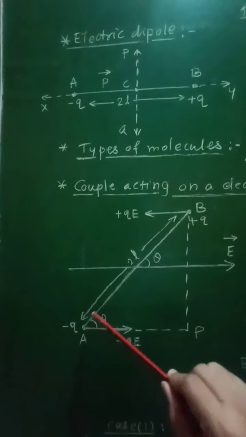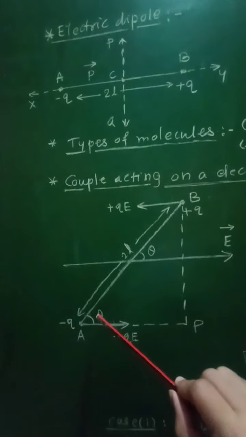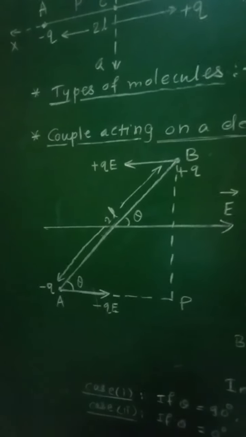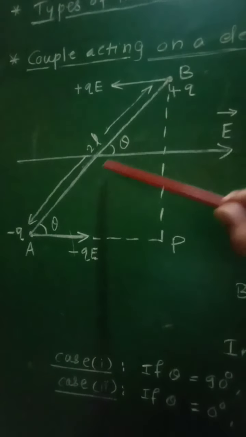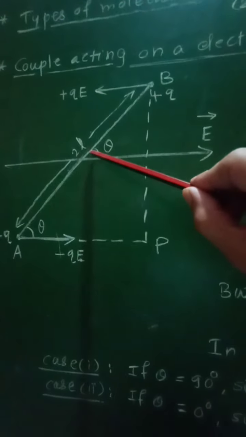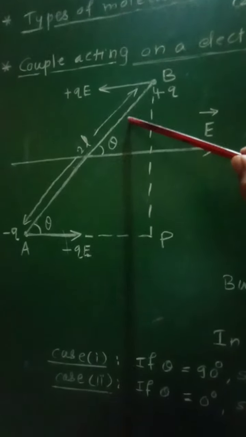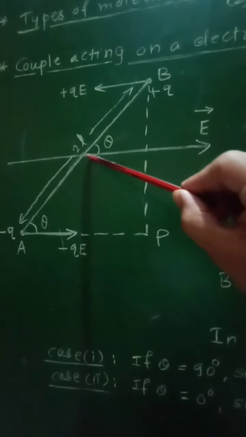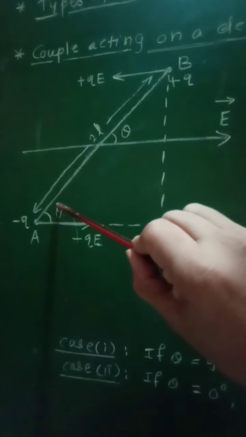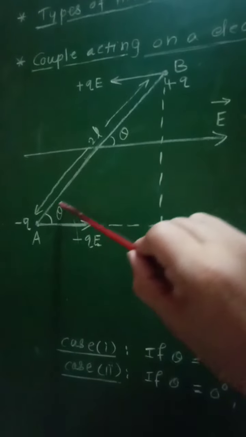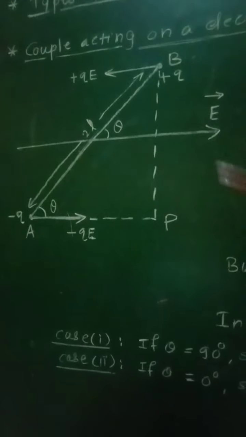Here there is an electric dipole consisting of 2 equal and opposite charges, minus q and plus q, situated at points A and B, separated by a distance 2L, and this electric dipole is placed in a uniform electric field E. The electric field is directed in the horizontal direction, and the axis of the electric dipole now makes some angle theta with the direction of the electric field E.